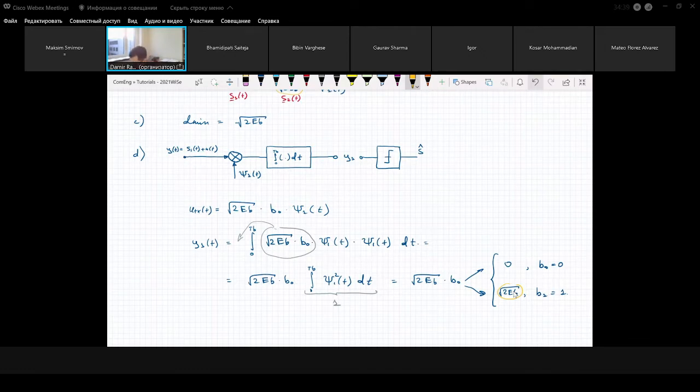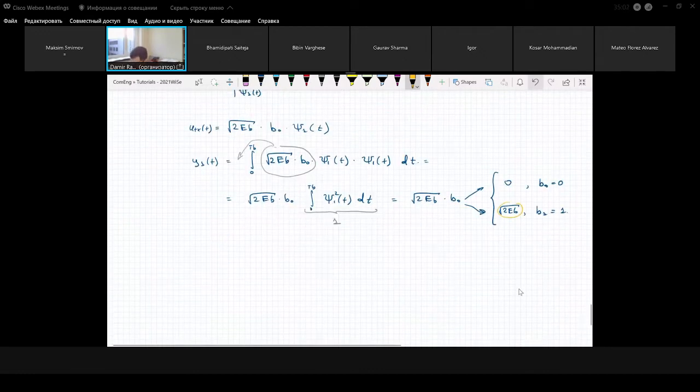Okay, and actually, it also gives us the answer to the next part of this question, where we need to describe how the decision for S1(t) and S2(t) is made based on y1. So I show you an axis with output voltage.